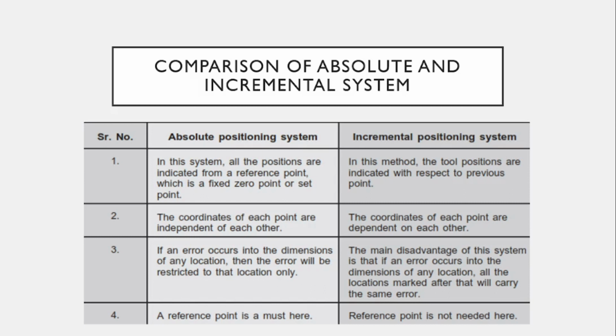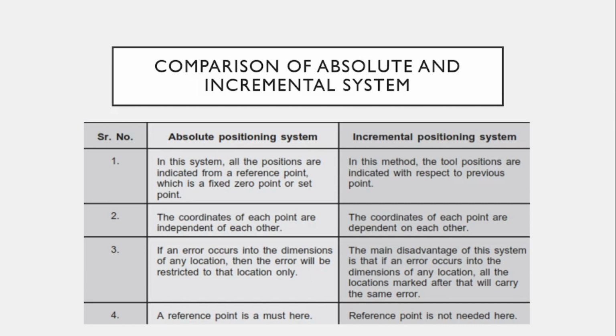This error will be limited to the particular point. But in the incremental system, if any error occurs at any location of the product, it will continue to the next process also, or next area also. So this is the main disadvantage of the incremental system.